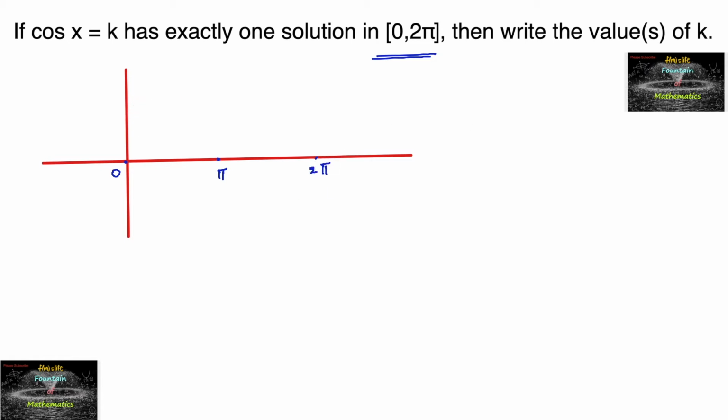So the graph of cos can be taken, with 1 and minus 1.